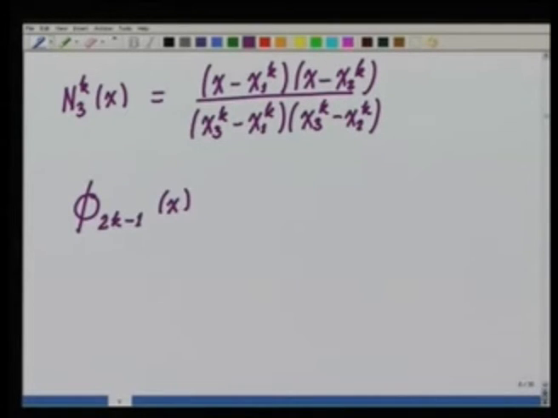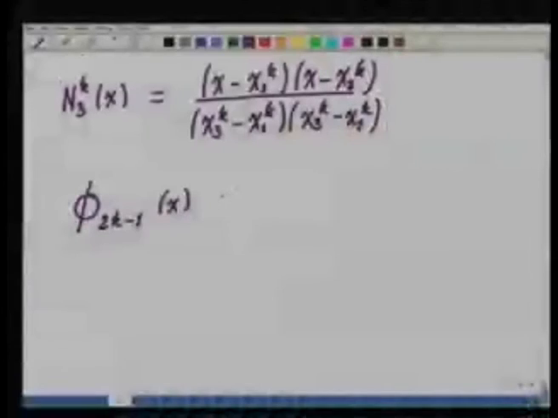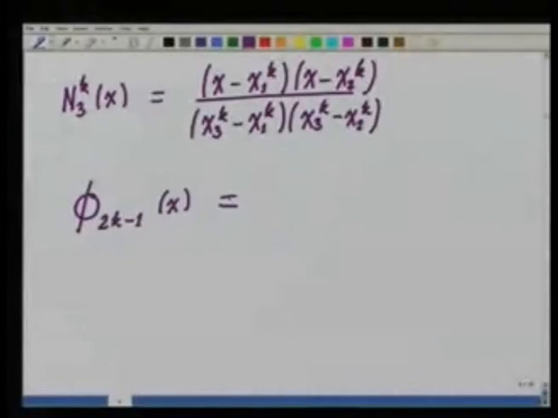We have to differentiate between the 2 things. This function 2k minus 1 corresponds to an edge vertex, that is a node which is shared by 2 elements. That is, if k is 1, it is 1, so it is 1, 3, 5, 7, 9. This function has to be non-zero in the 2 elements sharing that node.